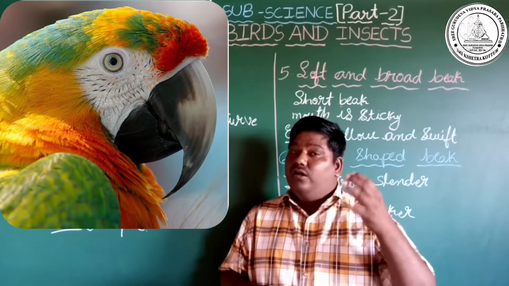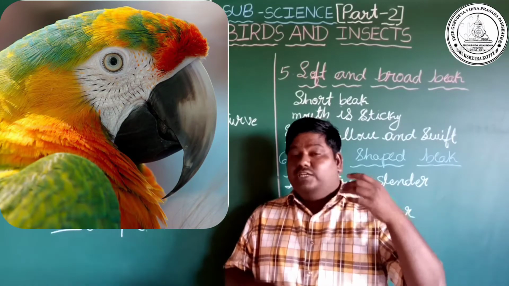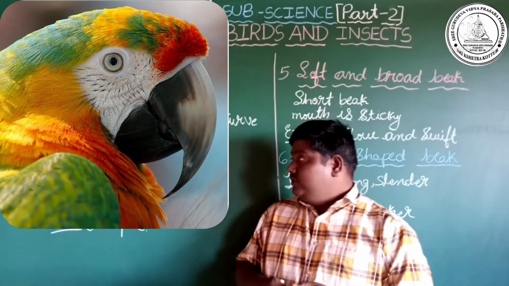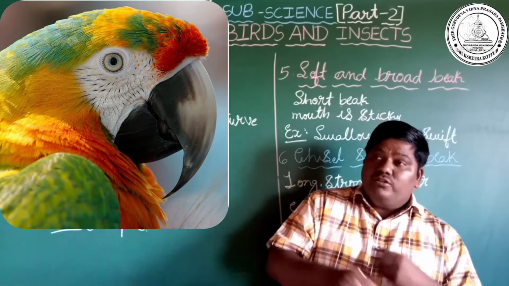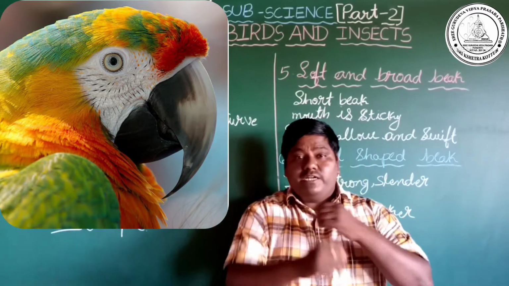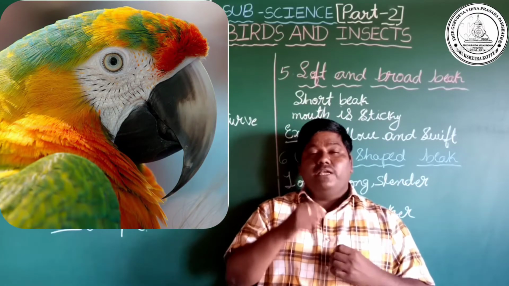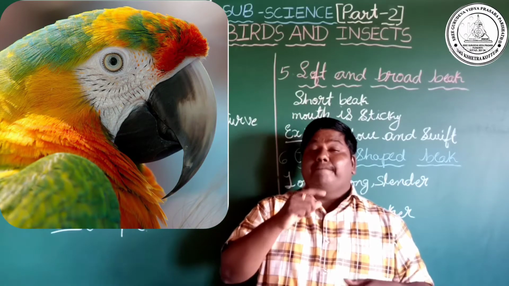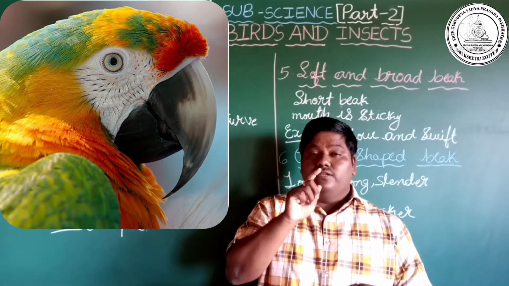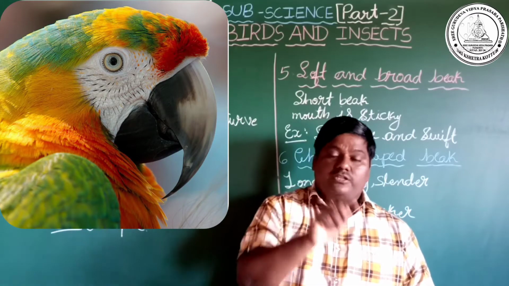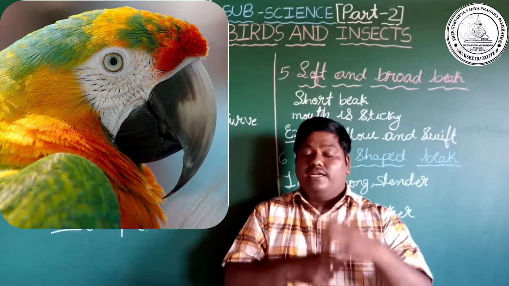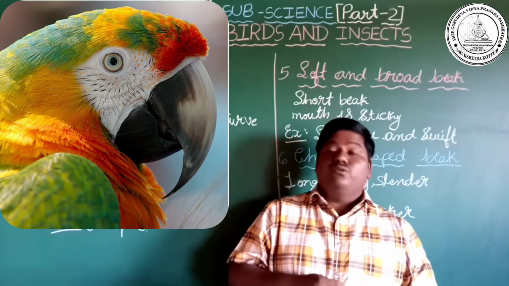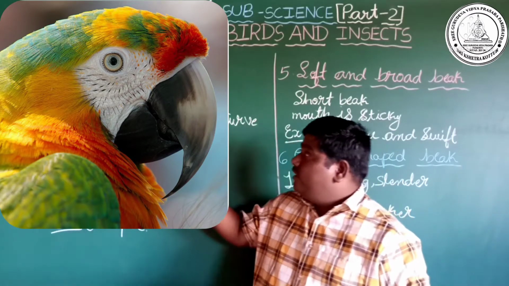Many are there. And they use it to climb the tree. They climb with the help of the beak. They hold the beak on the bark of the tree and they climb easily. So this is about the curved beak.